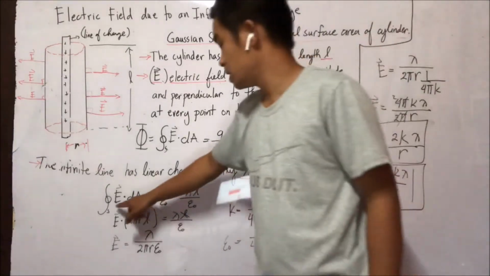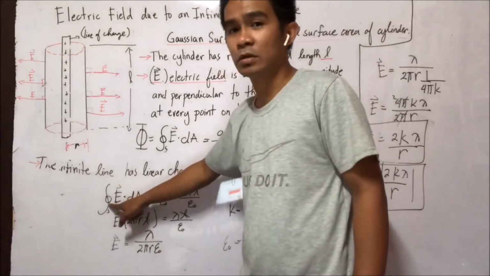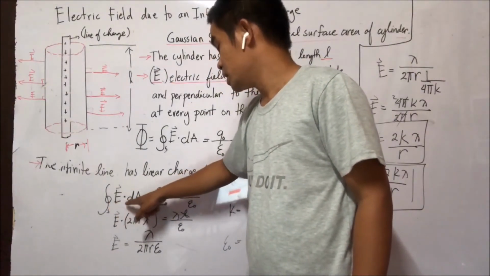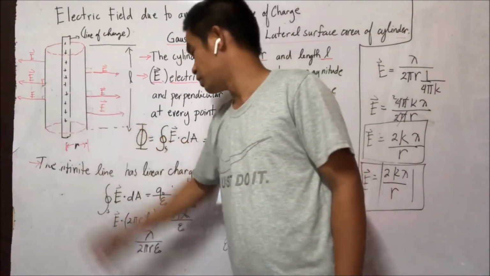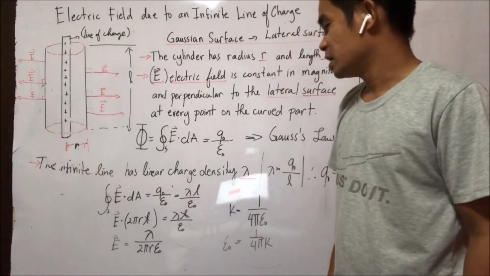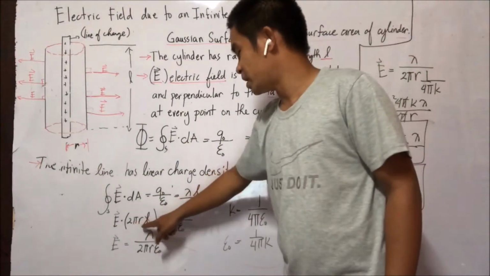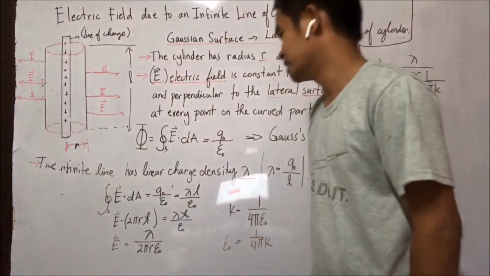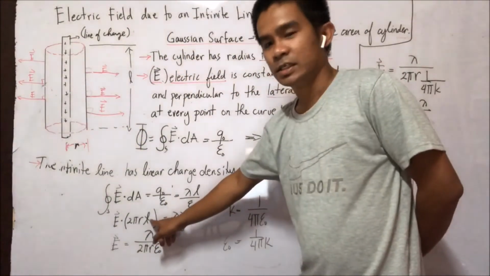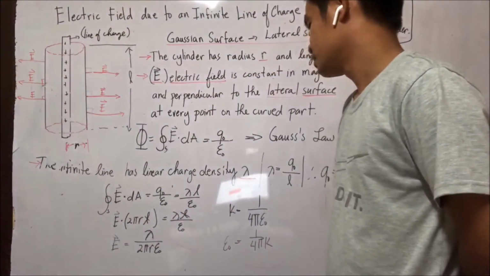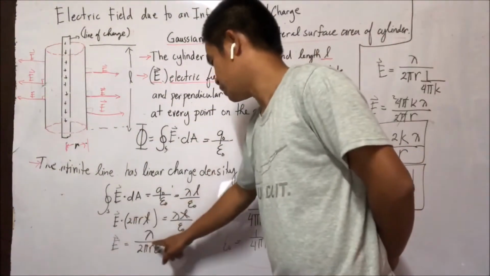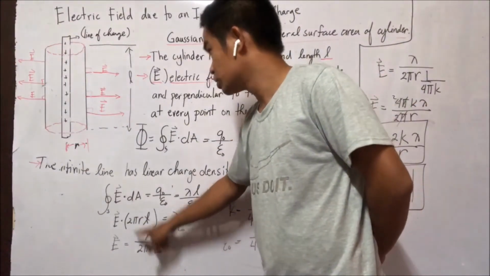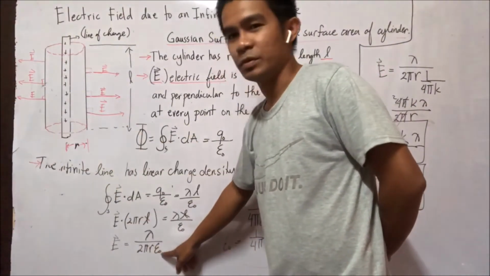The total area, the closed integral of the area of the closed surface, is equivalent to 2 pi RL, which is the lateral surface area of the cylinder. So we can cancel L. So we have electric field equals the charge density over 2 pi times the radius of the Gaussian surface times the permittivity of space.